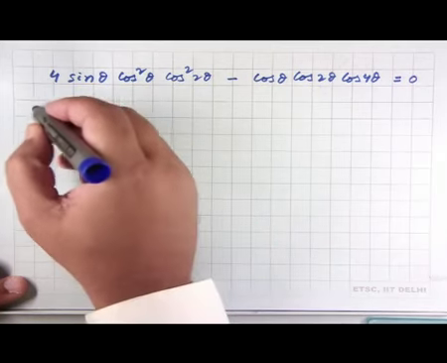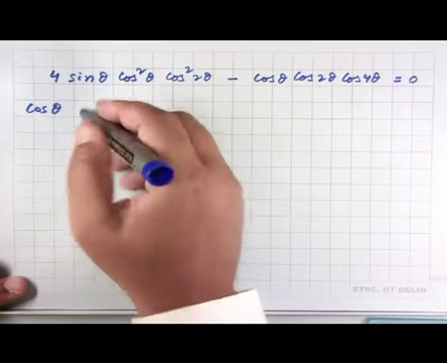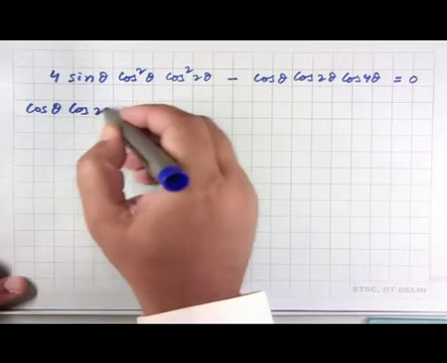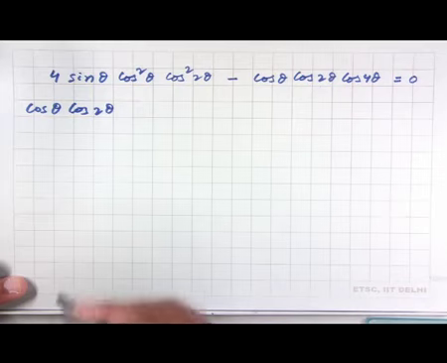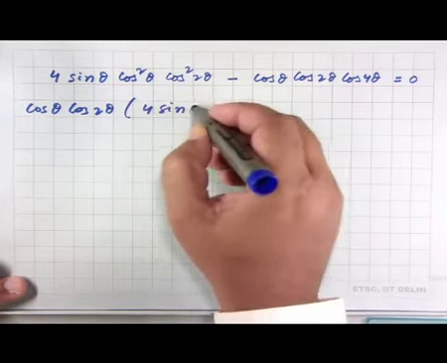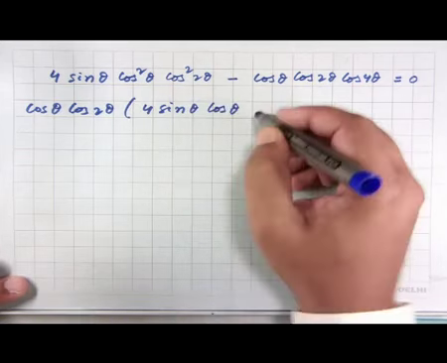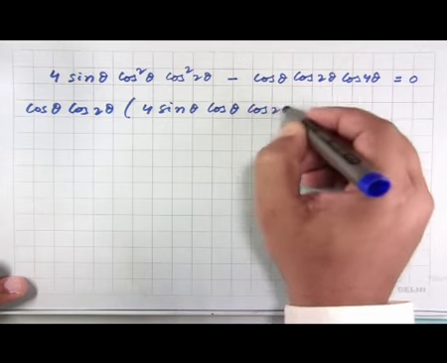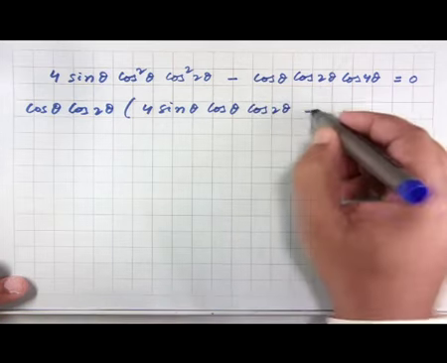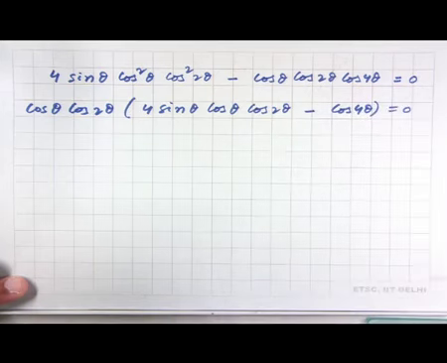So what we get at the end is cos theta is a common term here, cos 2 theta is also common, so we take both of them out, and then we have an expression equals 0.